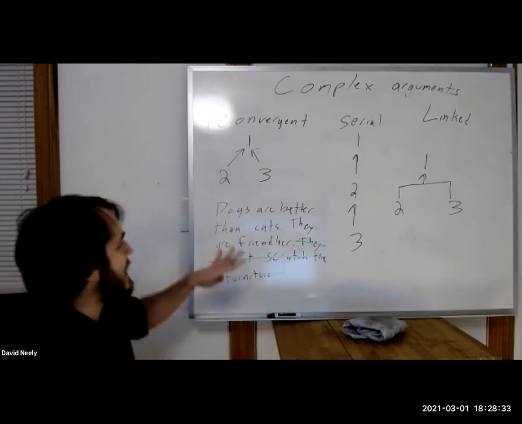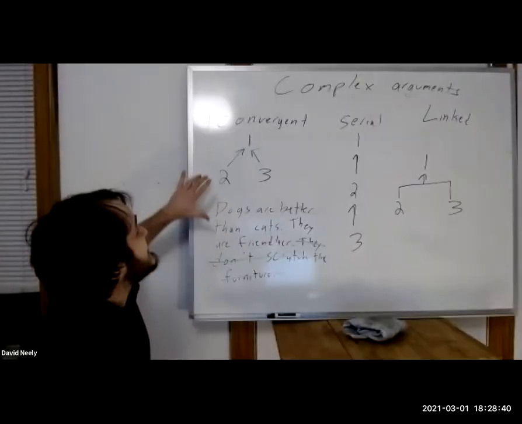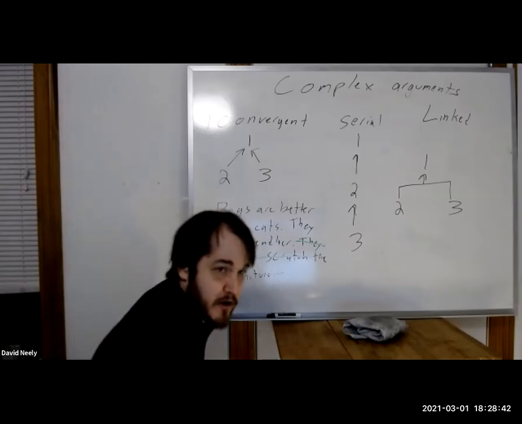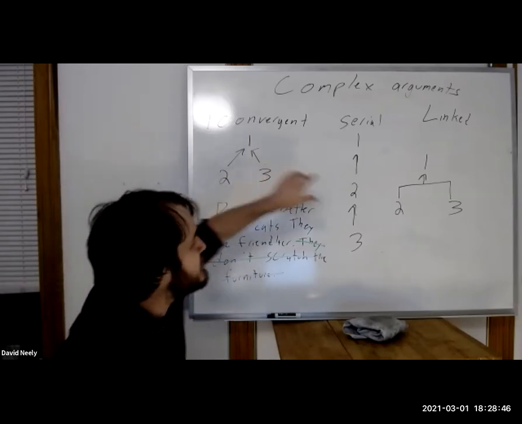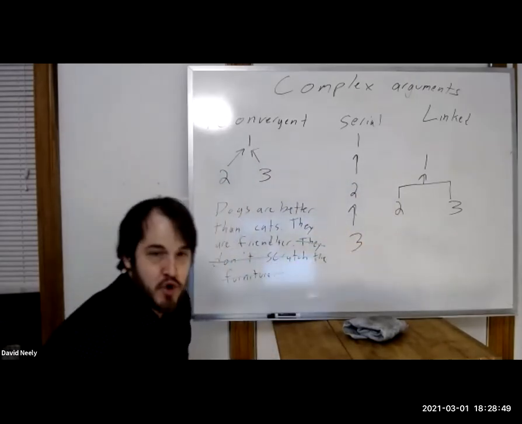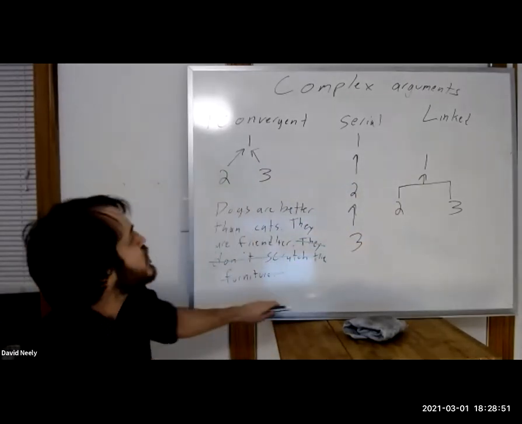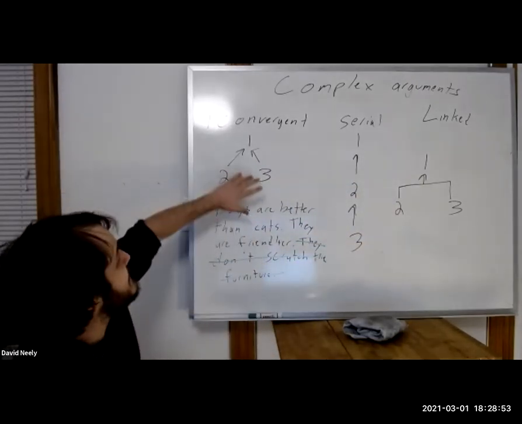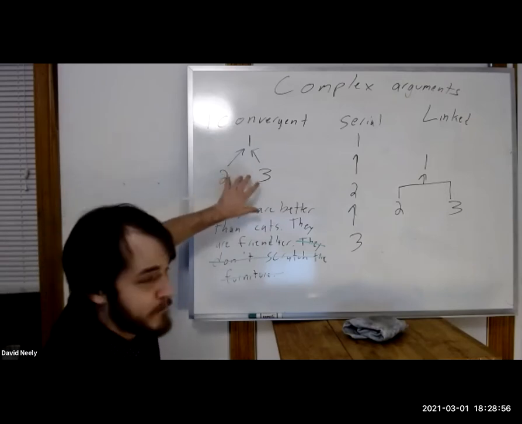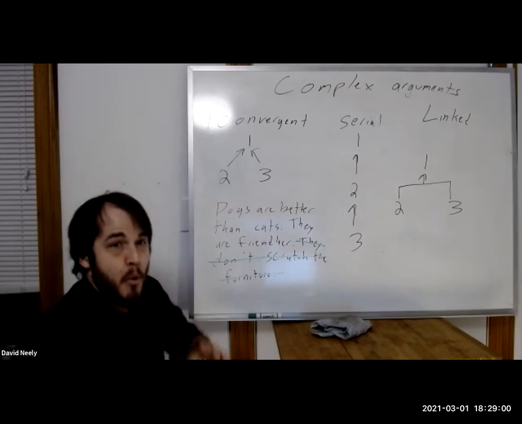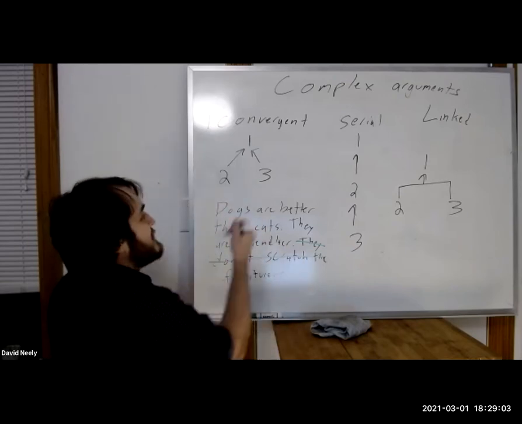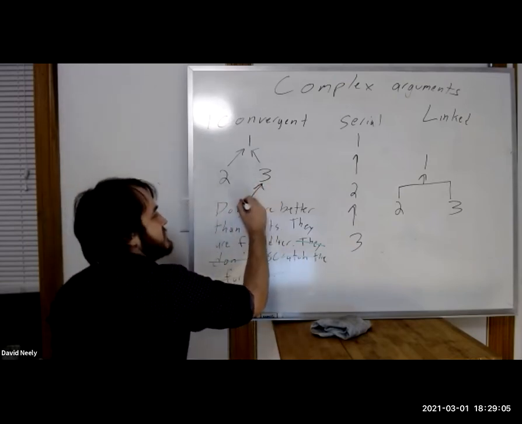And so why is this a complex argument? Pardon? How would this be a complex argument? Thank you, Nicole. This is the way I should have made this clear. This is a simple argument, but I'm bringing this up because each of these are the types of parts that you could have in a complex argument. This by itself would be a simple argument, but in a more complex argument, it could be the case that you had something like this.